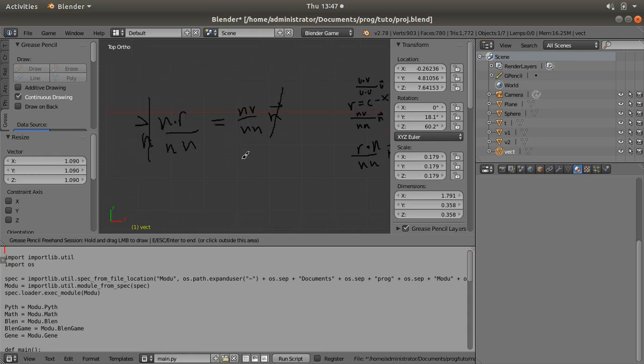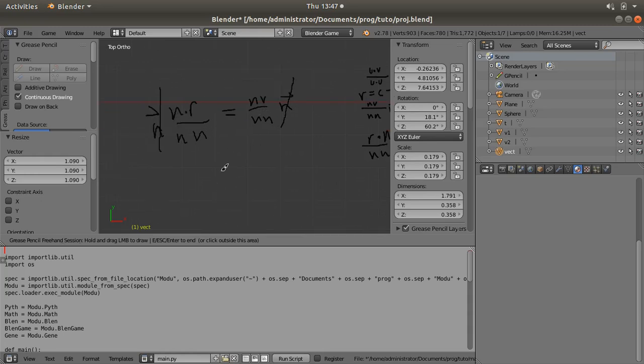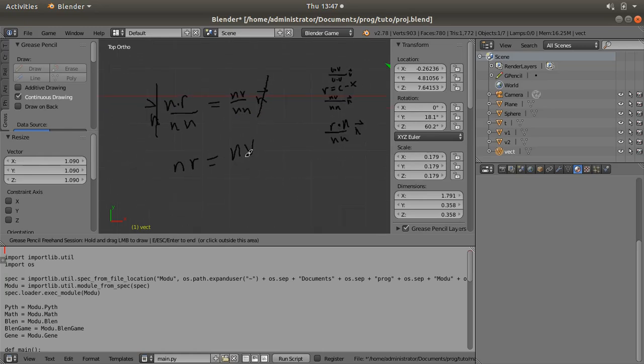So I can get rid of these n's on the bottom. Anyways, they're equal to 1, so it wouldn't actually matter. And you get the normal dotted with the ray is equal to the normal dotted with the vector towards the plane.